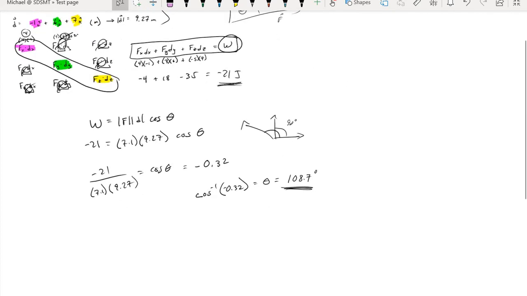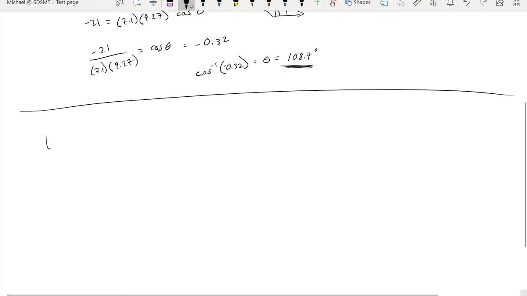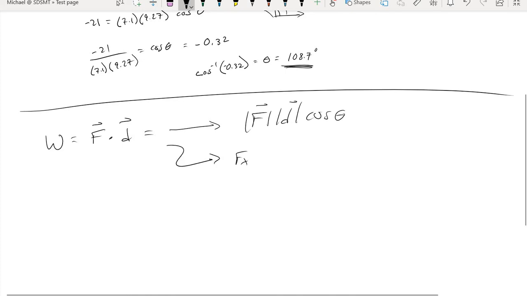All right, so there's two different ways that we can evaluate the work that is being done in a system of forces. We have the magnitude angle approach, or we can use the component method.